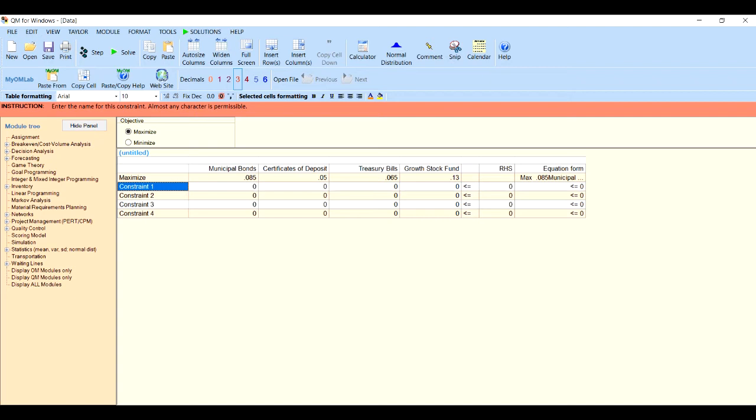X2, the amount invested in certificates of deposit, should not be greater than the other 3 combined. So here, CDs must be less than or equal to municipal bonds plus treasury bills plus growth stock.